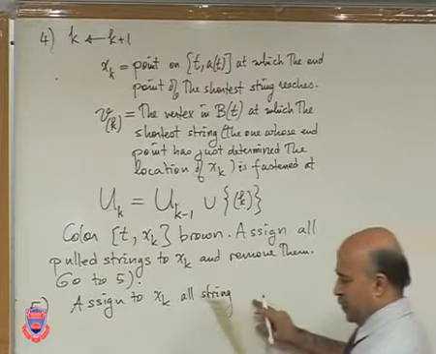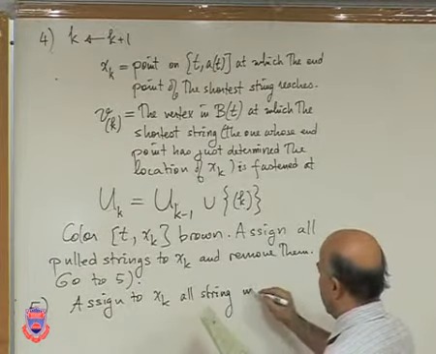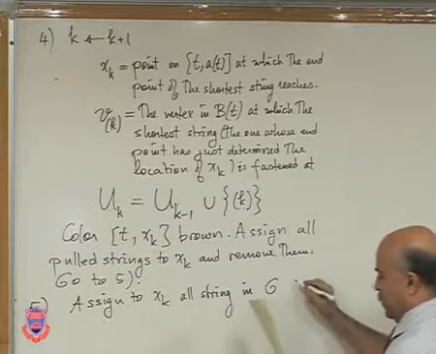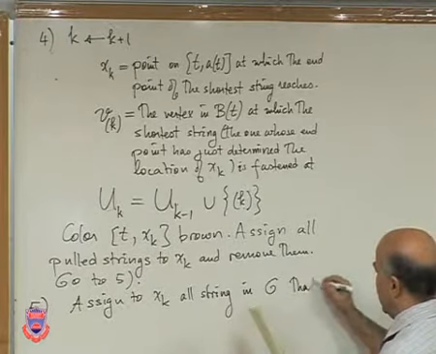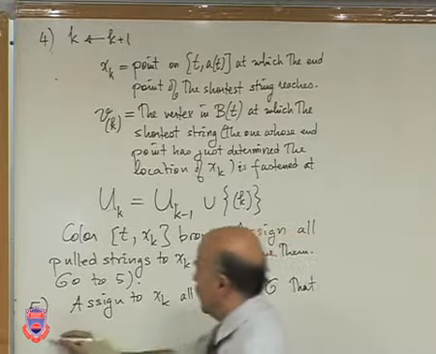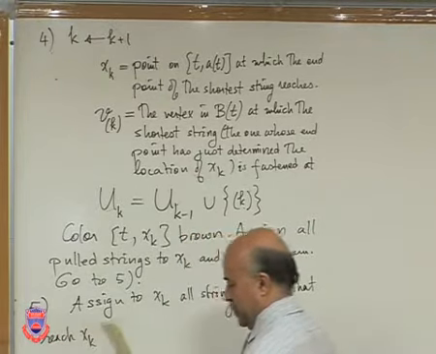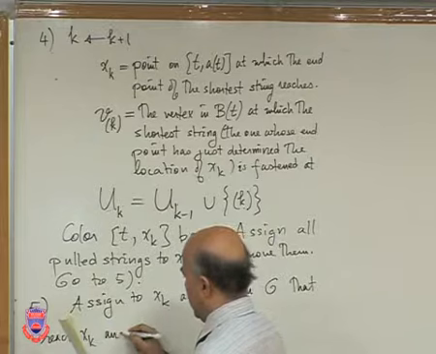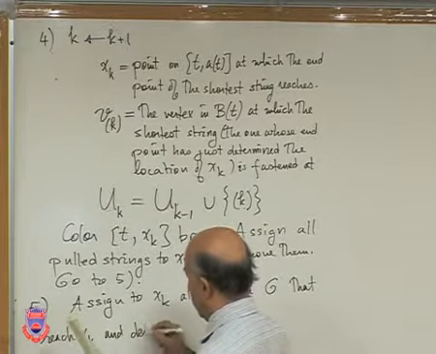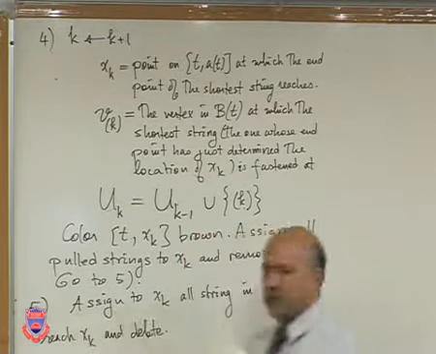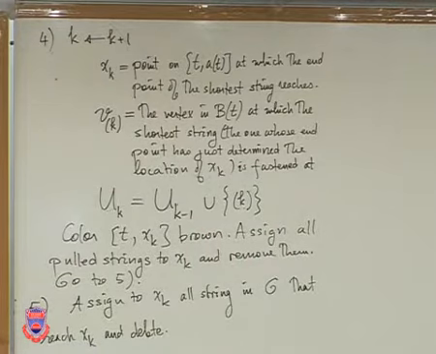So assign to xk all strings in G that reach xk, and delete such strings from further consideration, if they reach, of course.